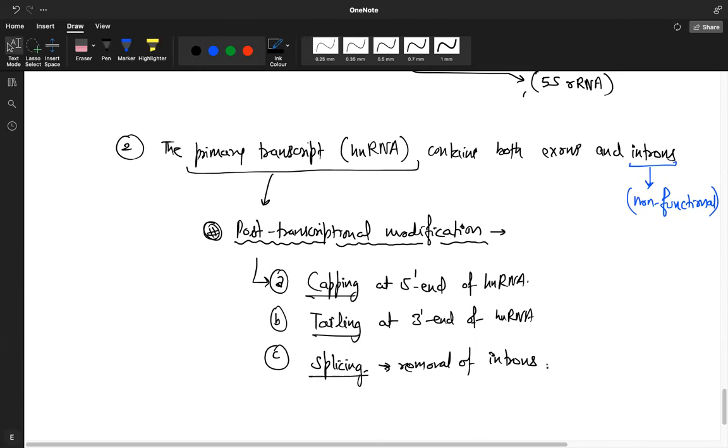Now, when I read this information, what was the obvious question that comes to your mind? How to remove? Okay, that is the obvious question. You are more of a mechanistic kind of scientist, always willing to go into the mechanisms, Fatima. Very good. I was not so bright, thinking of how it is removed.